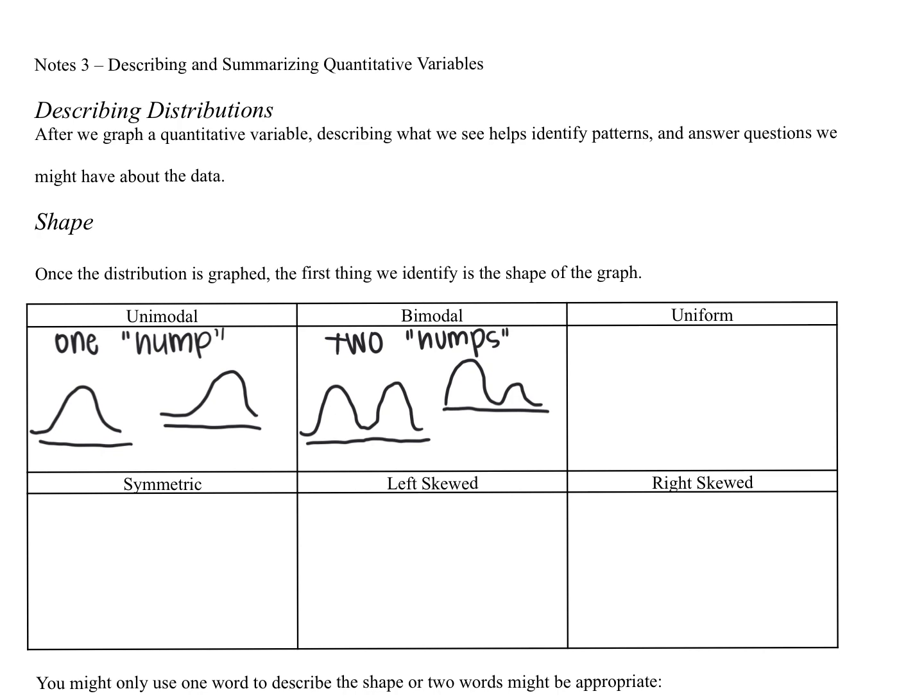Okay. The last one is uniform, and we're not going to deal a lot with any uniform graphs, mainly because they're not very common. It's when all heights are approximately the same.